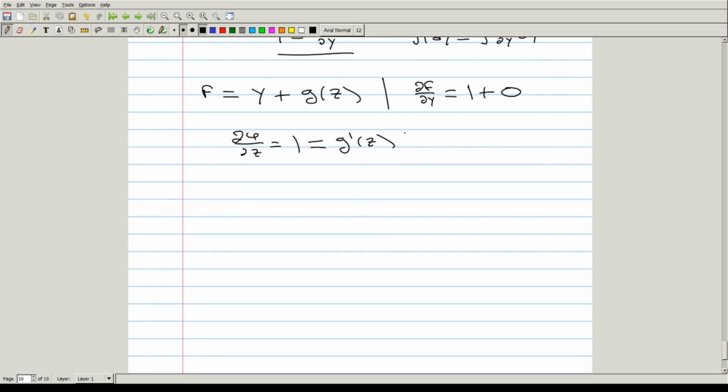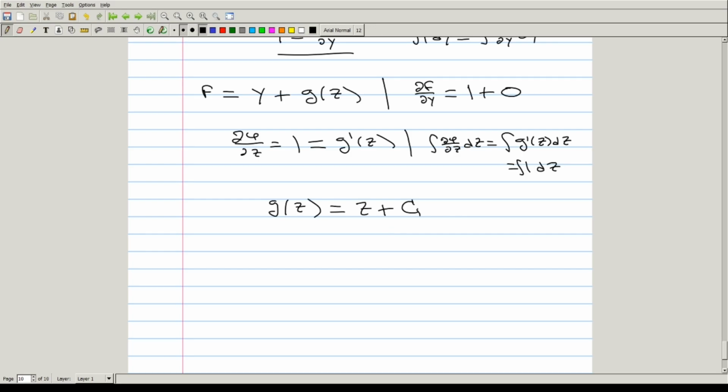And if we take the integral of both sides of this equation with respect to z, or the antiderivative, the antiderivative of g prime of z is just going to be g of z, and this is going to be equal to the z integral of 1, which is going to be z plus some constant. This is just from calculus 1.